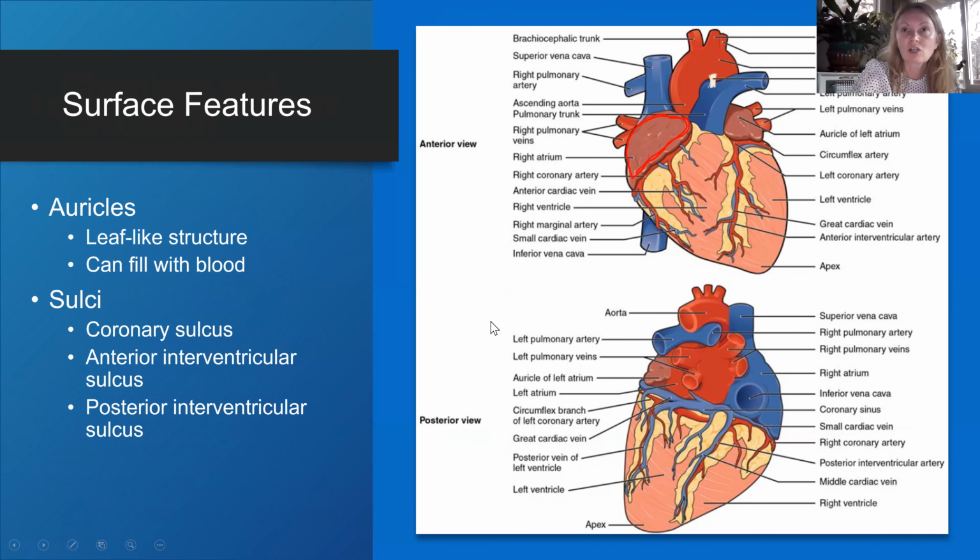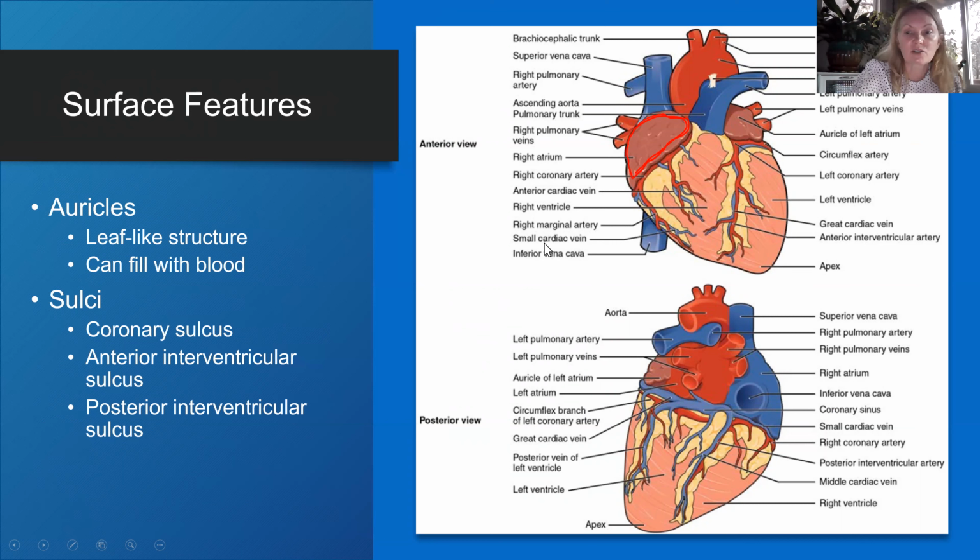Then we have sulci. Like in your brain, where parts that go up are called gyri and the fissures that go down are called sulci, here we have sulci as well. They're grooves on the surface of the heart, and inside those grooves we have blood vessels.